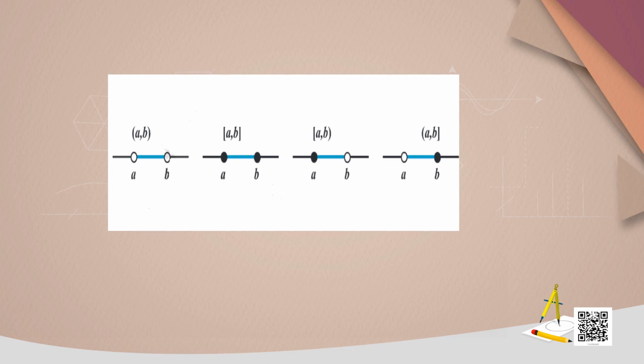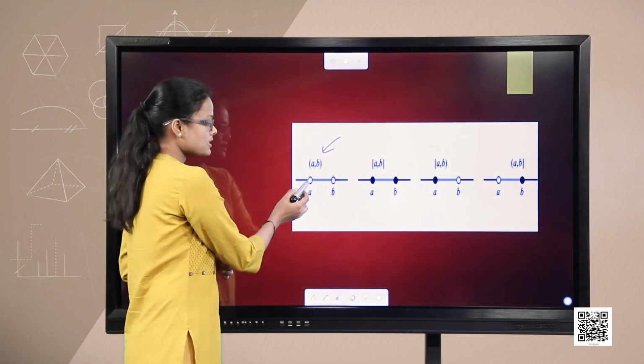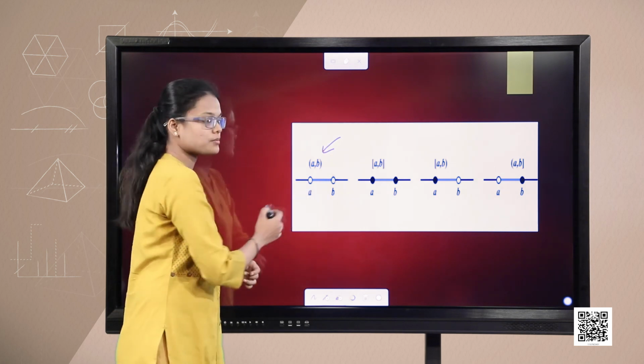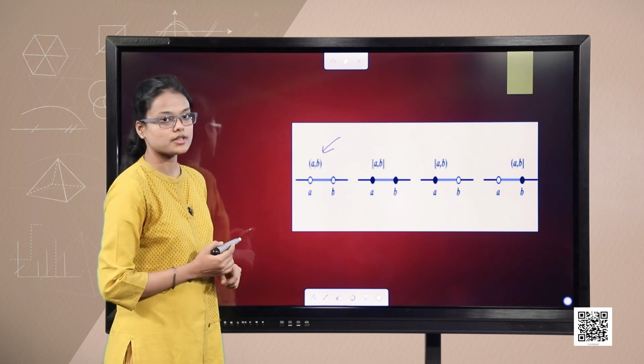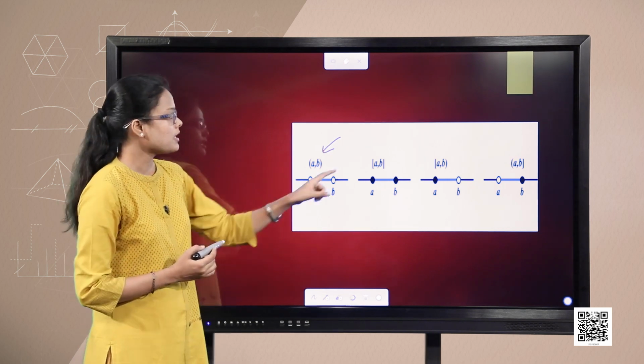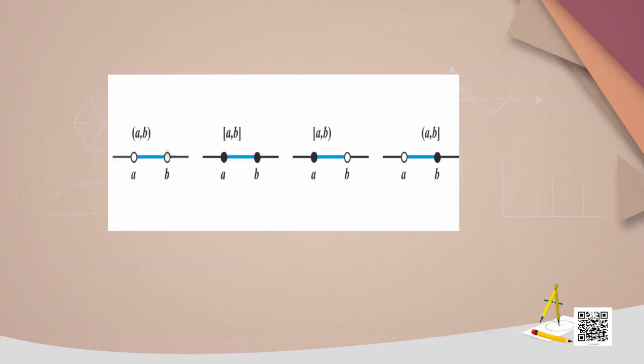In this, you may see this is an open interval AB. These white circles are representing that A and B elements are not included in the interval. This interval is representing a closed interval, and black dots are representing that yes, A and B points are included in the interval.